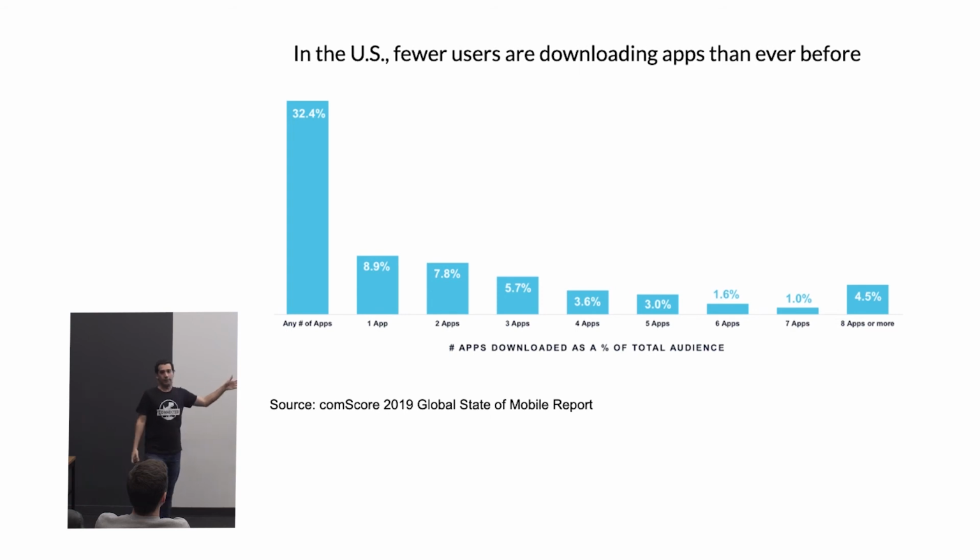This other chart is from the same report, and here we can see that only 32% of the users say that they install new apps every, I don't know if it is years or months, but you can see that only 9% install one app, near 8% install two apps, and that goes down when the number of apps gets bigger.